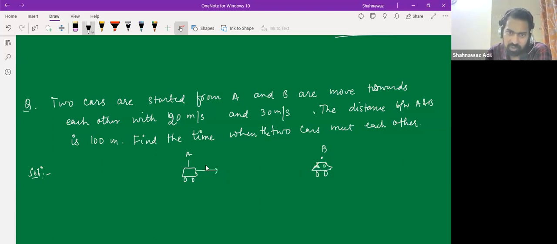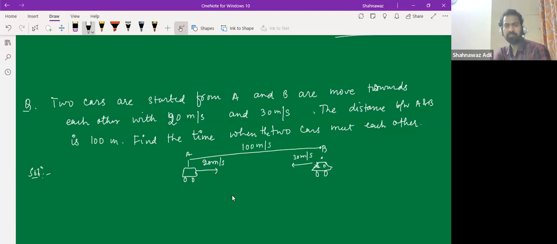This is moving with 20 meter per second, and this is moving with 30 meter per second. The distance between A and B is 100 meters, right? So now we have to find out how much time it would take for these two cars to meet each other. Did you guys understand the problem?